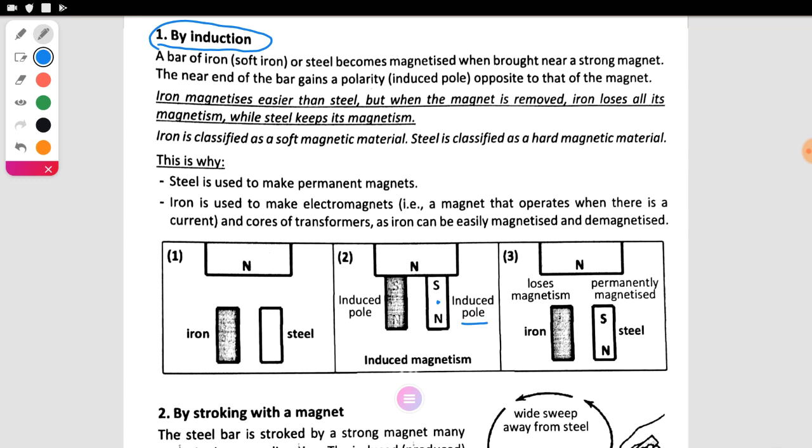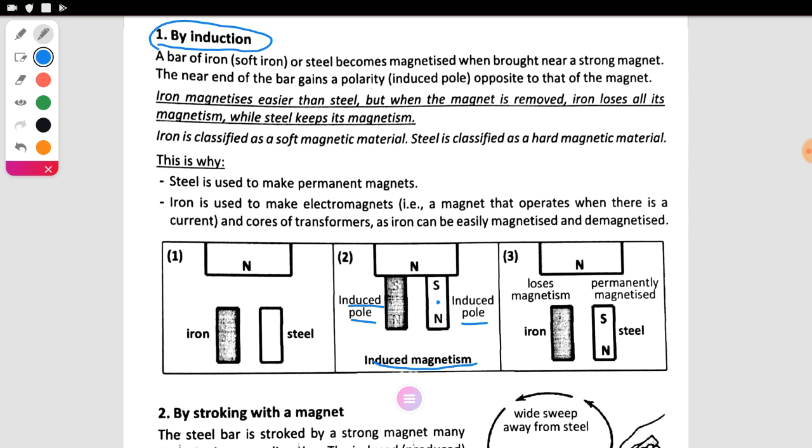Iron is affected by the same method, because they are magnetic materials, affected by induction, induced magnetism. The magnetic field of the magnet makes a rearrangement of the molecules of the steel or iron so they become magnetized.